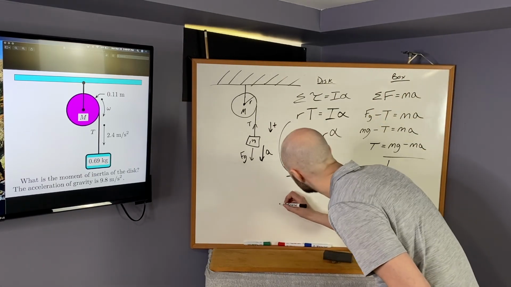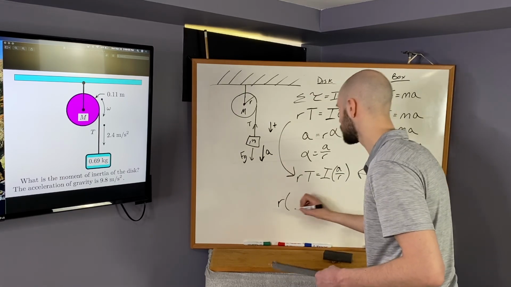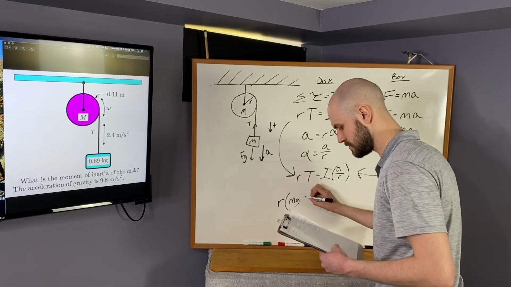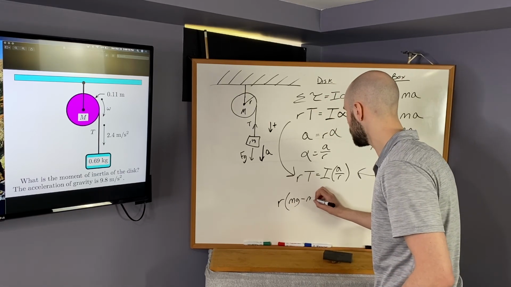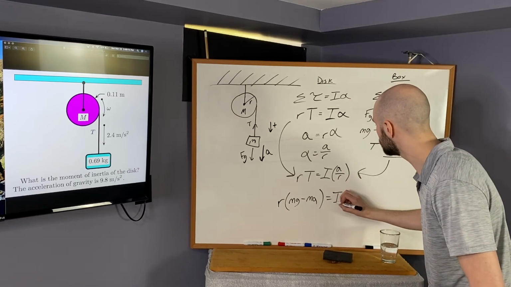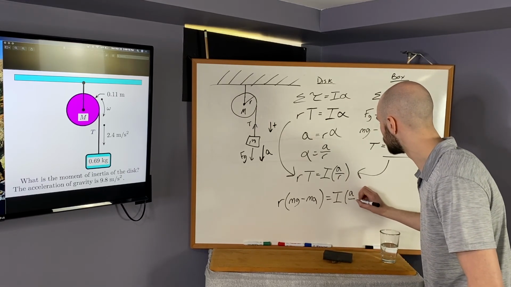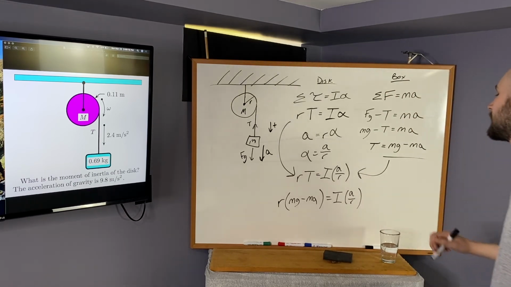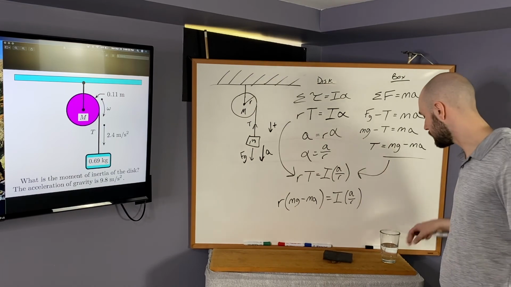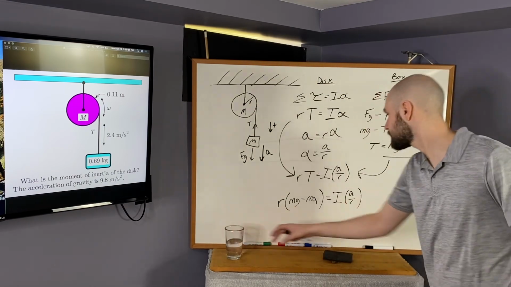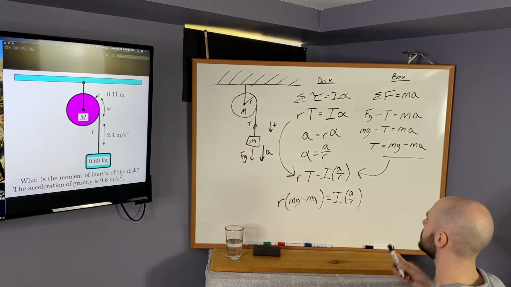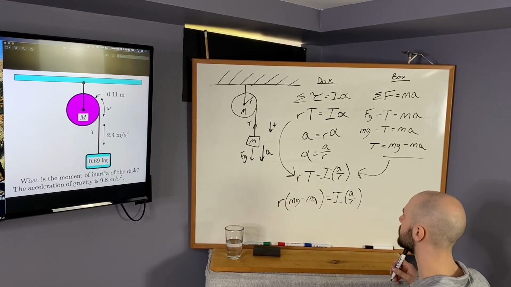We get R multiplied by T, which is mg minus ma, equals I times a over R. Okay, at this point, we're pretty much done. All we have to do is rearrange to solve for capital I here. So rearranging, let's see, we multiply both sides by R, divide by a.